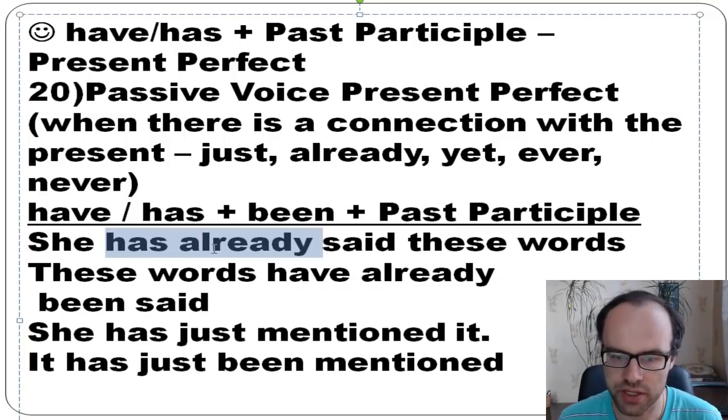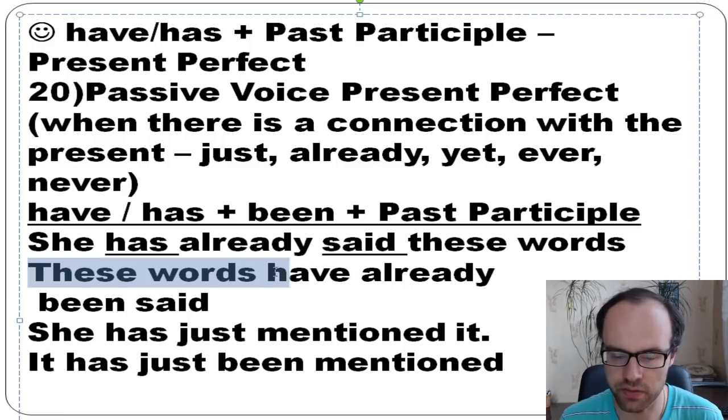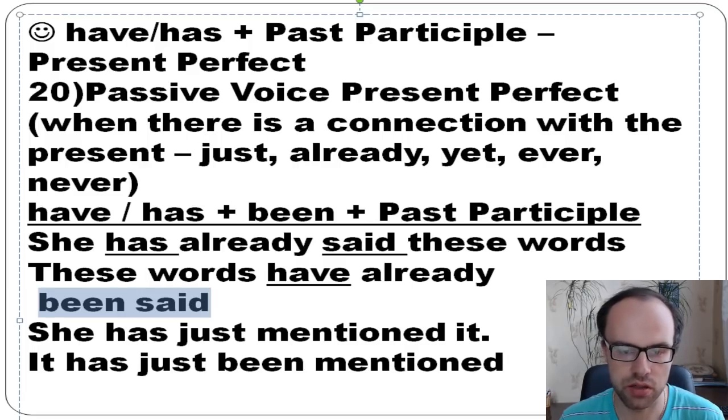She has already said these words. Has and said plus past participle. We put already in the middle. And if you want to say it in passive, you will do the following. These words, it means they have. Already you put it in the middle, been plus past participle said. These words have been said. Okay, so you can say these words have been said, or these words have already been said.